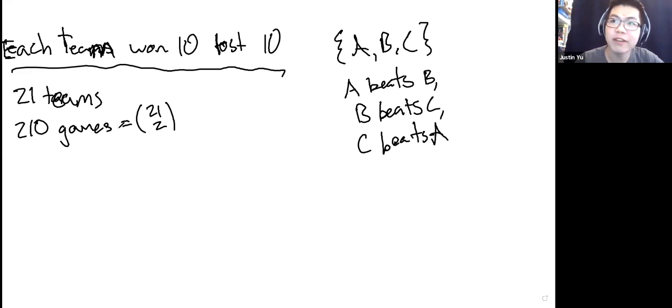Wouldn't it be 420? Great question. It would not be because we're dividing by 2, because it doesn't matter what order we choose the teams. Choose notation means we have 21 teams and we're choosing 2 of them. So triples are going to be 21 choose 3. And somebody compute that for me, please. 1330, yeah.